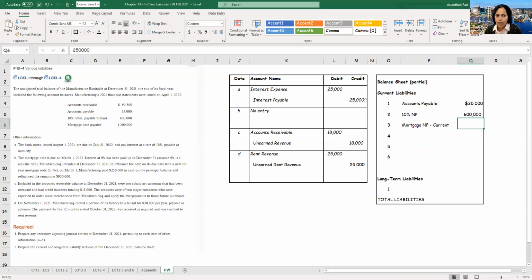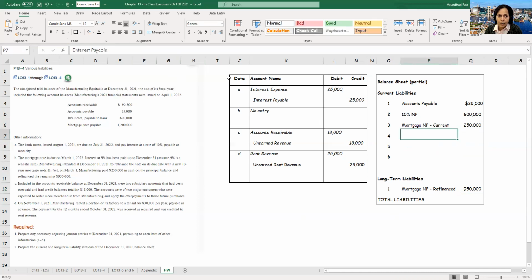So that portion I'll classify as current liability. Remember, current liability is due within the next 1 year or the operating cycle, and we intend to use current assets to pay it off. So I now know that I did use cash to pay off that 250. So that portion is current. So the remainder, which is refinanced, 950,000, is going to be listed under your long-term liabilities. So this 1.2 million, 250 is current, 950 is long-term.